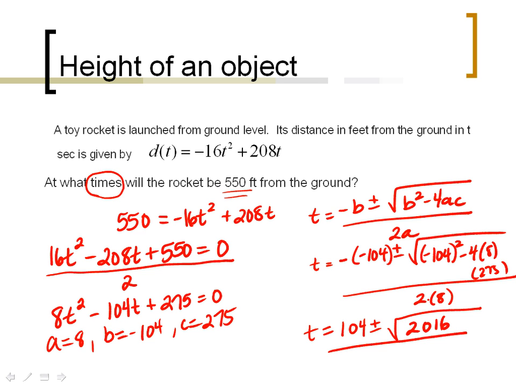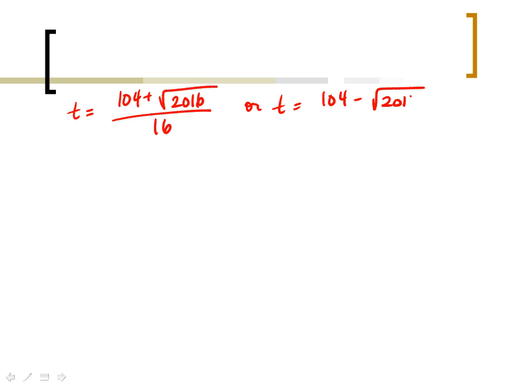And that's all over 2 times 8, which is 16. So let me get to the next screen here. We have really that t was equal to 104 plus the square root of 2016 over 16, or t is equal to 104 minus the square root of 2016 over 16.